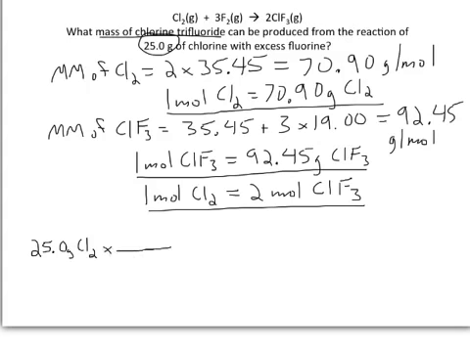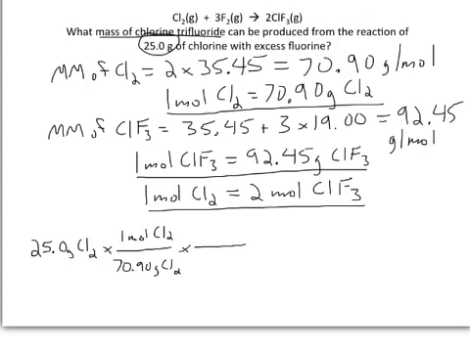I'm starting with grams of chlorine, so I need to use this conversion factor first. So I'll put 70.90 grams of chlorine in the denominator, and that's equivalent to 1 mole of Cl2.